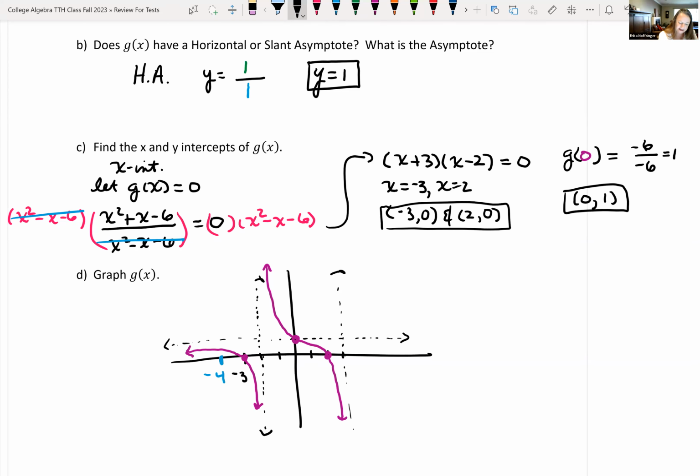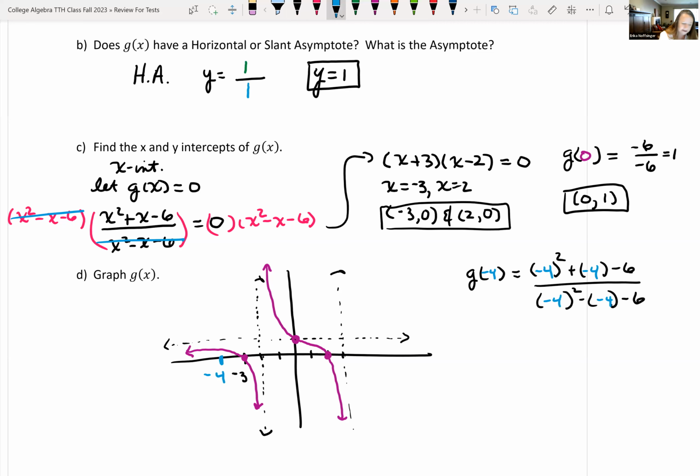So if we looked at g of -4, our equation was x squared plus x, so I'm going to put parentheses, minus 6 all over x squared minus x minus 6, putting parentheses where I'm going to drop in the -4.